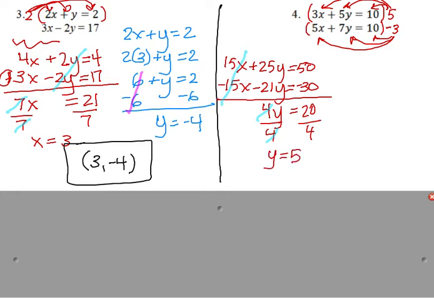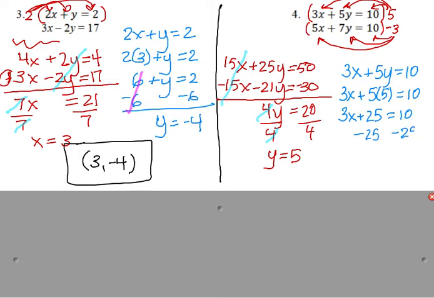So now to go back through and figure out what x is then, I'm going to substitute this back into one of the two original equations. So if I go with the top equation, which was 3x plus 5y equals 10, I now know that y is 5. So 3x plus 5 times 5 equals 10. So that becomes 3x plus 25 equals 10. So to solve for x, I'm going to subtract 25 from both sides.